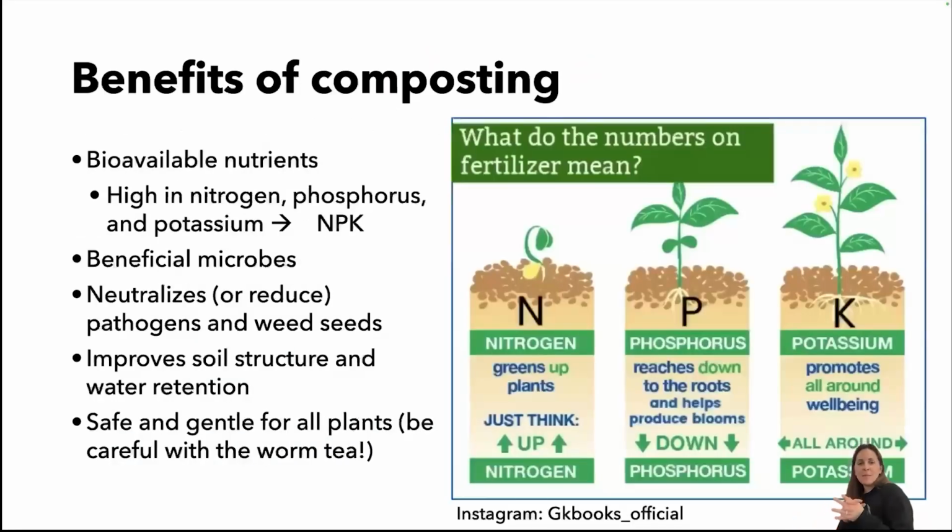And then the benefits of composting are incredible. It improves the bioavailable nutrients, including nitrogen, phosphorus, and potassium, also known as NPK, that a lot of gardeners are familiar with. It also introduces beneficial microbes, and this has a big story to play as it pertains to pathogenic microbes.